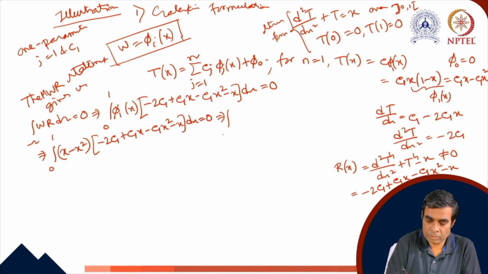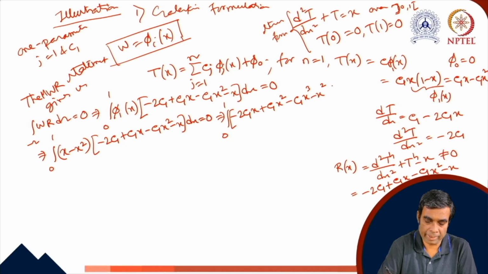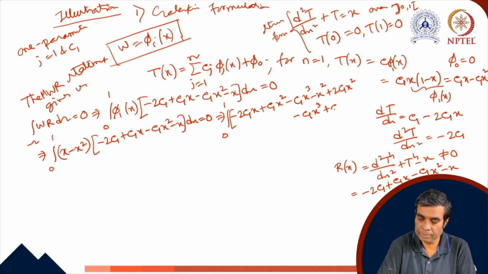Now we just perform the multiplications, then we are getting minus 2C1x plus C1x square minus C1x cube minus x square, then plus 2C1x square minus C1x cube minus C1x cube plus C1x to the power 4 plus x cube, dx equals 0.